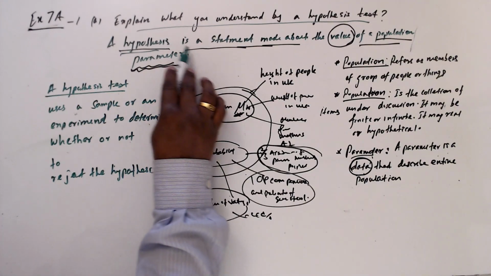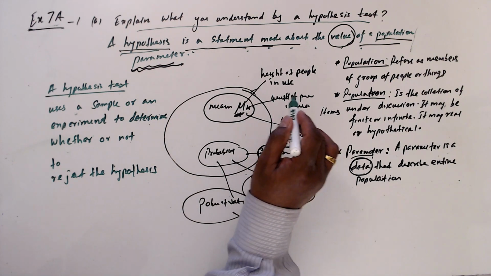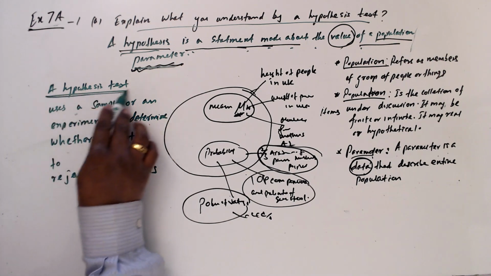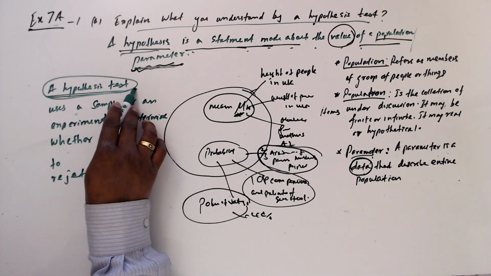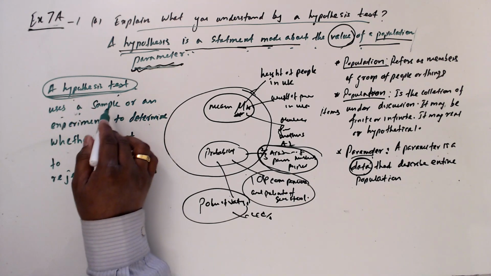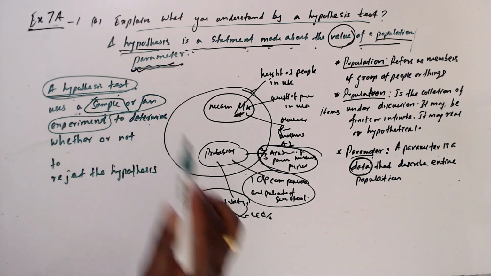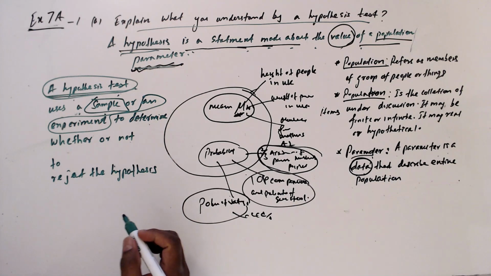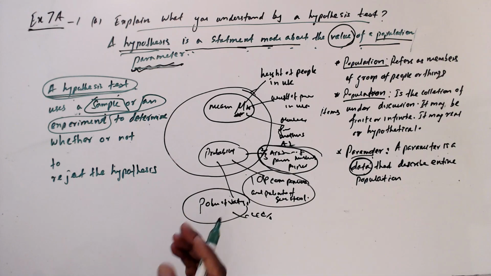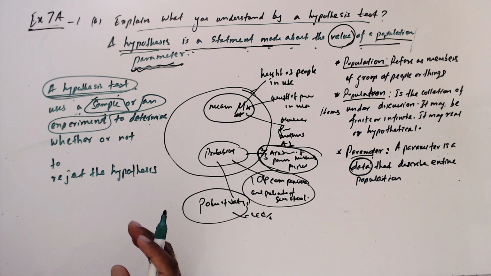So a hypothesis is a statement made about the value of a population parameter, and the hypothesis test is a tool. A hypothesis test uses a sample or an experiment. For example, whether a coin is biased or unbiased, we do an experiment of 20 tosses, or likewise that A has psychic power.